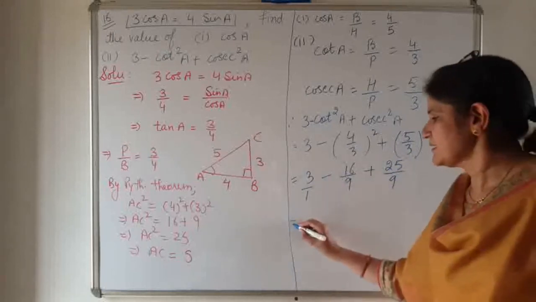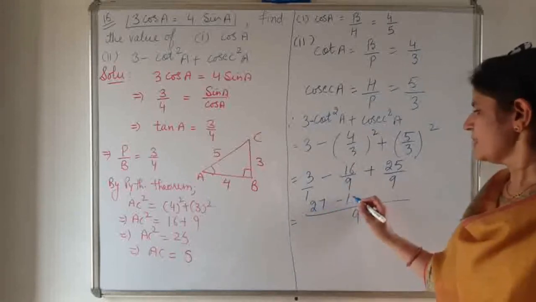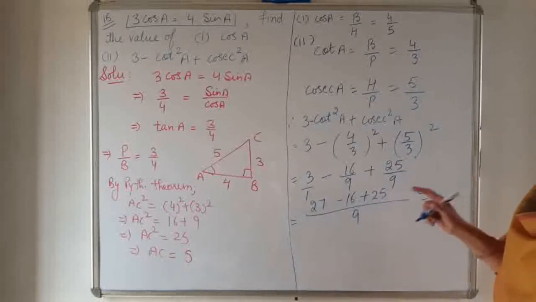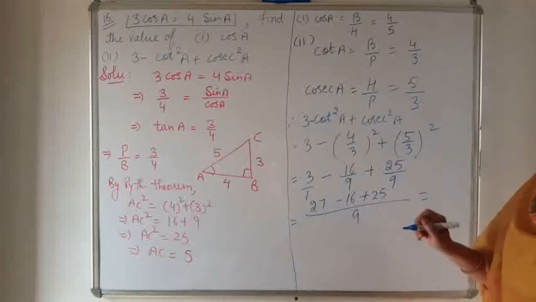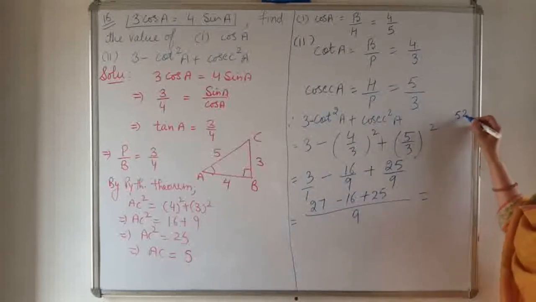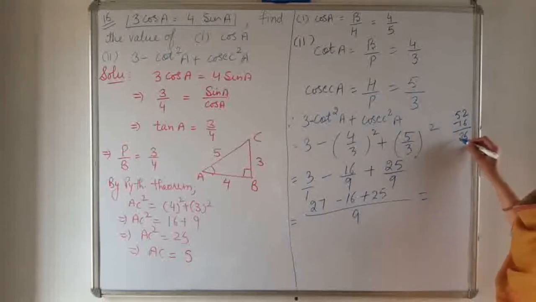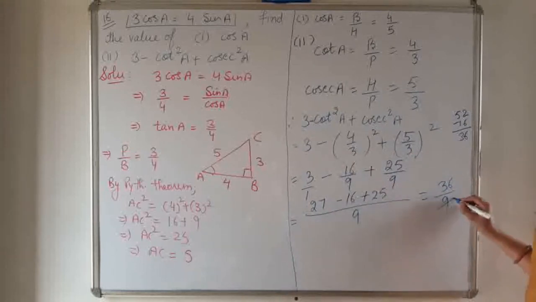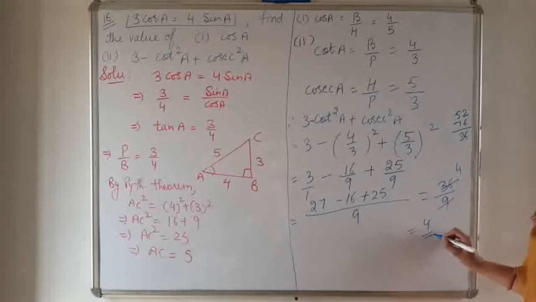We'll take LCM. LCM is 9. 9 threes are 27 minus 16 plus 25. You have to add them. 27 plus 25 is what? 52. 52 minus 16. What will come? 36 over 9. 9 fours are 36. So 4 is your answer.